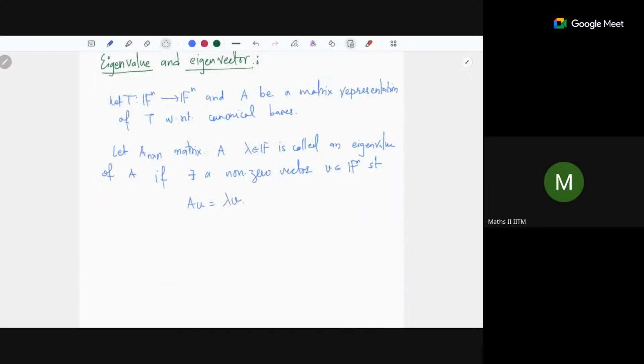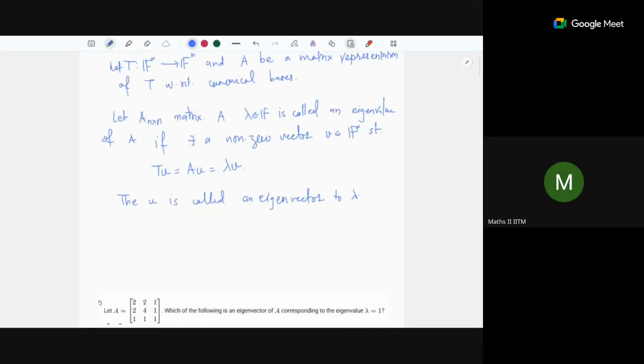Then TV is the same as AV, which is equal to lambda V, and the vector V is called an eigenvector to lambda. So this is the definition of the eigenvalue.